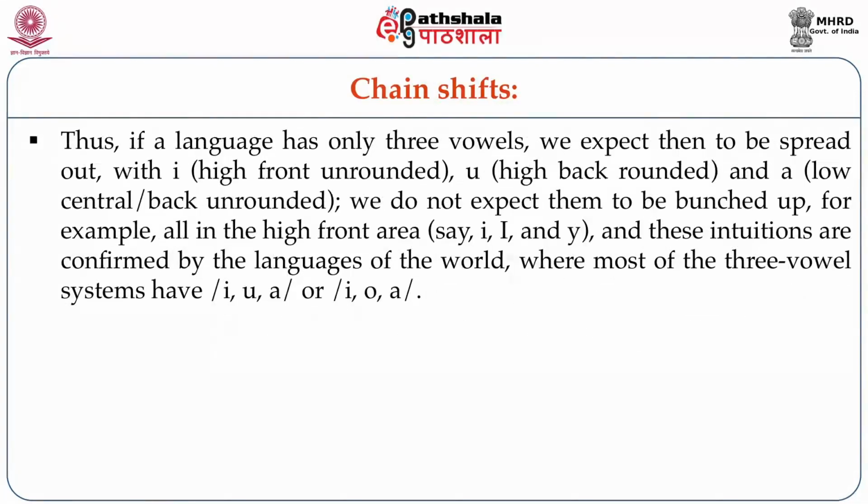Thus, if a language has only 3 vowels, we expect them to be spread out, with E high front unrounded, U high back rounded, and A low central or back unrounded. We do not expect them to be bunched up, for example, all in the high front series. And these intuitions are confirmed by the languages of the world where most of the 3 vowel systems have E, U, A or E, O, A.